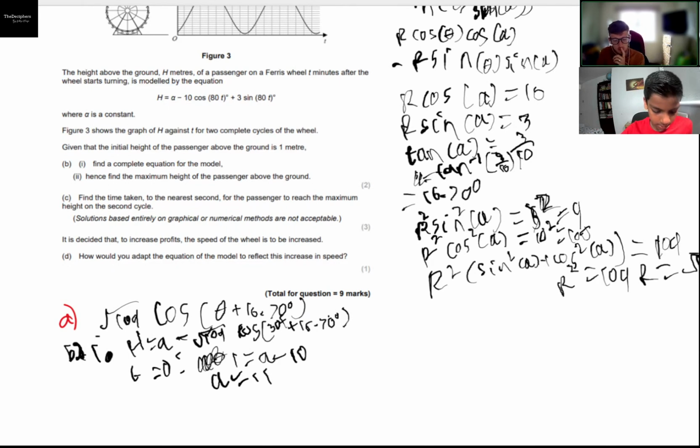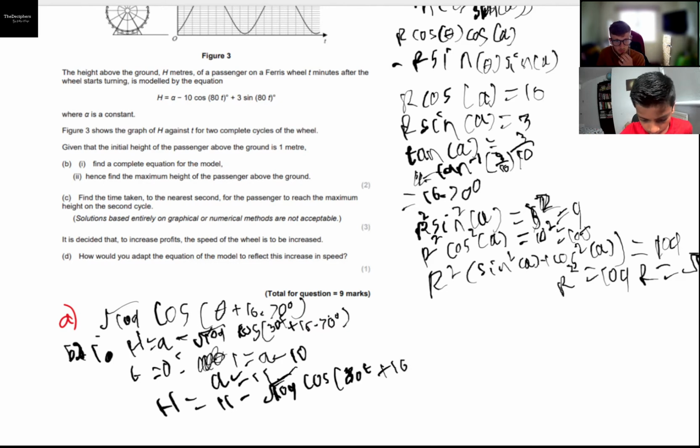So our complete equation is h equals 11 minus root 109 cos of 30t plus 16.70 degrees. Wait, is it plus or minus? I think it's plus. Yeah, it should be plus.